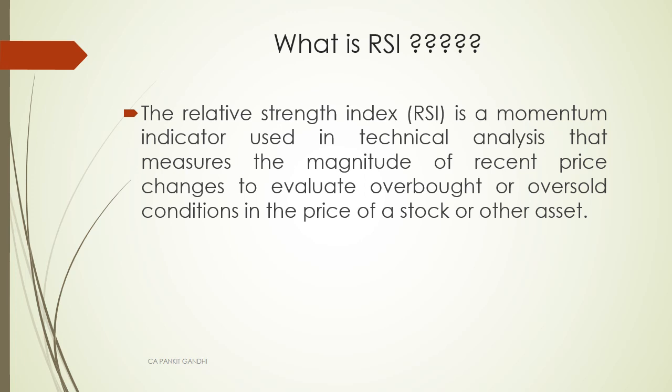It's a support for technical analysis. How is it used? It measures the magnitude of recent price changes. By default, there are 14 price changes which RSI uses to show the strength of that stock at that point of time.